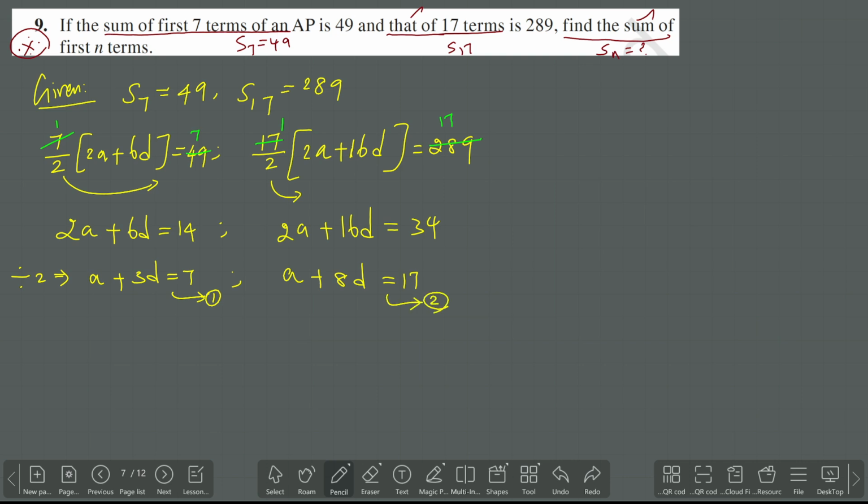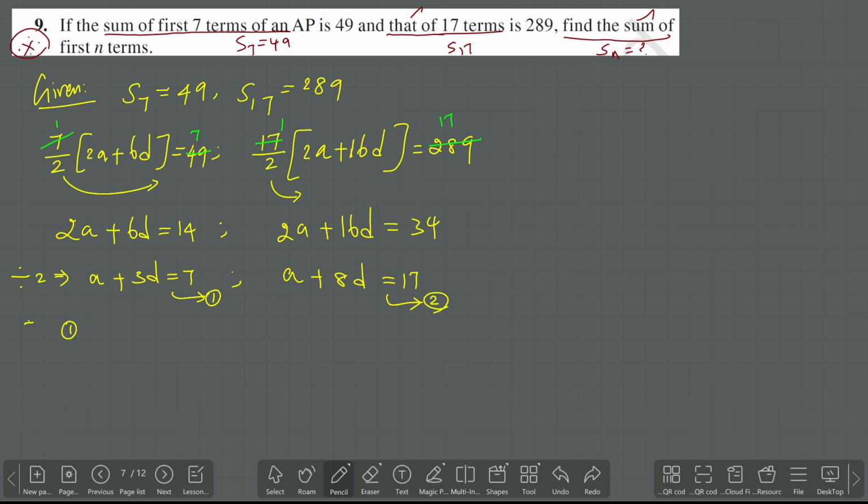So we can subtract 1 and 2, a will be cancelled automatically. Like the elimination method, we can move on. Shall we go? Okay. Now, 1 minus 2 or 2 minus 1? I am teaching continuously. If we go 2 minus 1, minus will not come. Directly we will be getting the answer.